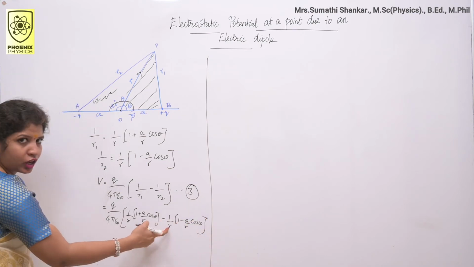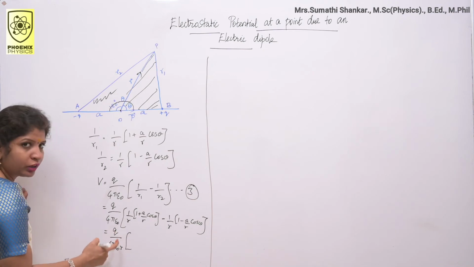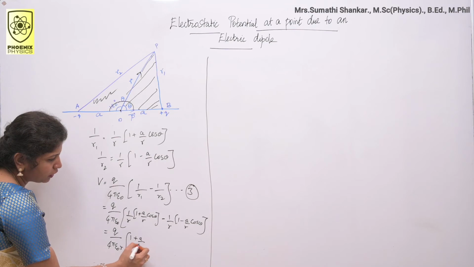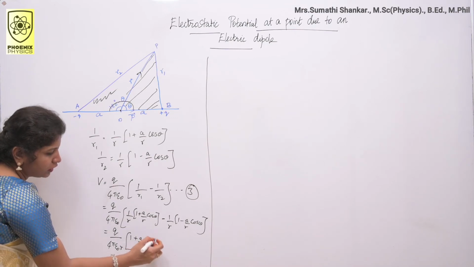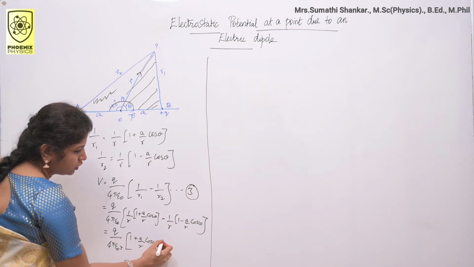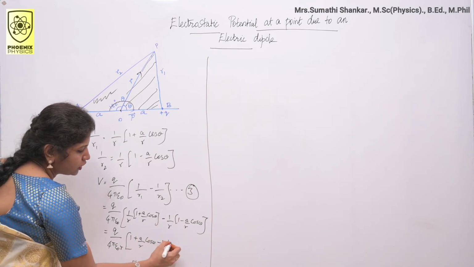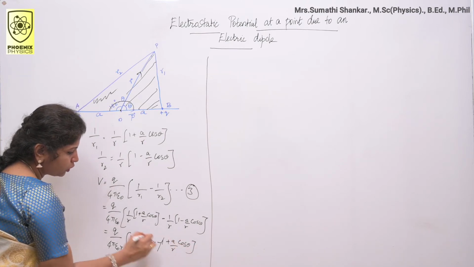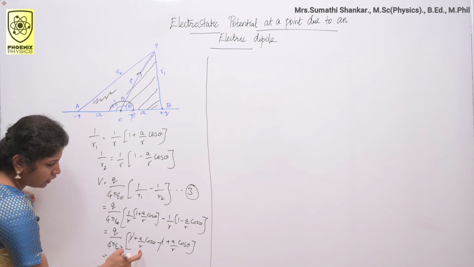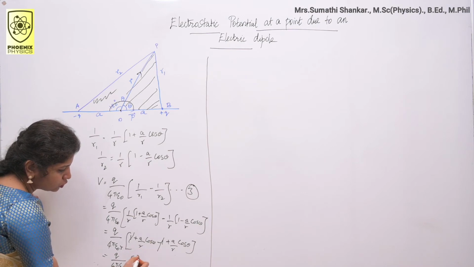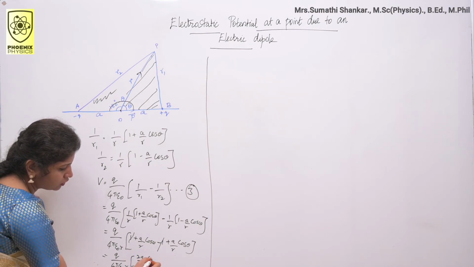Here take this r outside. q by 4 pi epsilon naught r into 1 plus a by r cos theta. Here I have taken 1 by r outside. So minus 1, minus into minus is plus a by r cos theta. So cancel this plus 1 minus 1. Here I have q by 4 pi epsilon naught r, that is 2a by r cos theta.